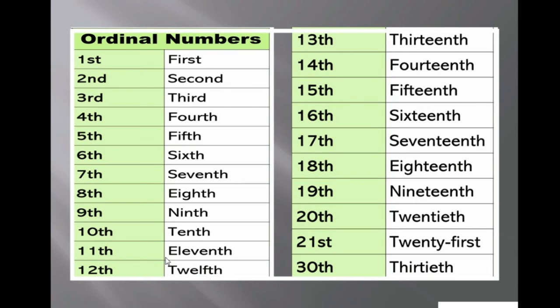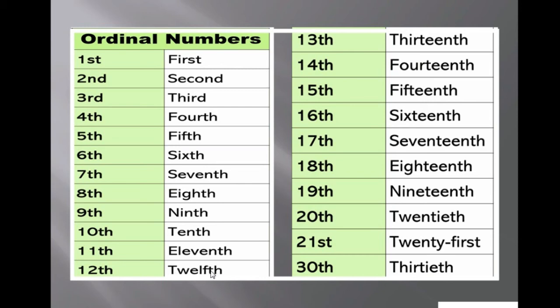And here in 12, instead of 12, the VE, it becomes F. So it's 12th. هنا 12 تكتب ب VE ولكن في الترتيب نقول 12th.